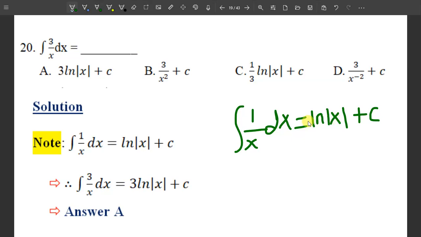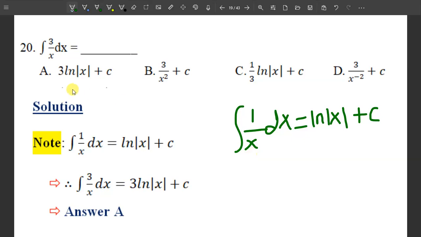Here we know that ln x means it is logarithm of x in base e, where e is an irrational number which is neither terminating nor repeating. Therefore, we call such a logarithm a natural logarithm.